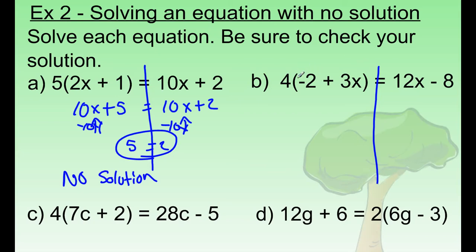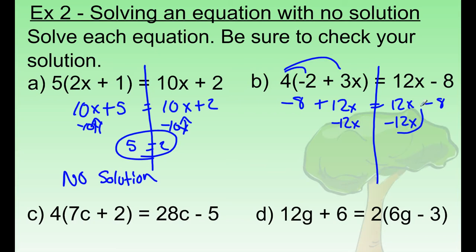So let's see. I'm going to distribute negative 8 plus 12x, and over here 12x minus 8. I've got variables on both sides, so I subtract 12x on both sides. These cancel out, these cancel out, and we have negative 8 equals negative 8.